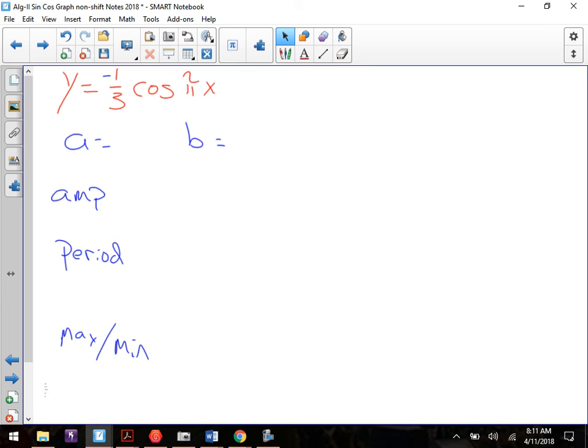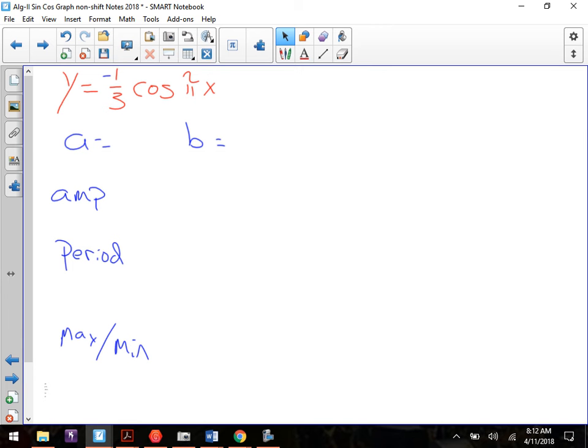So we have y equals negative 1/3 cosine pi x. Now, cosine graphs, when you go back to the original cosine graph, the cosine graph started at 1, it went to 0, negative 1, 0, and then back to 1.